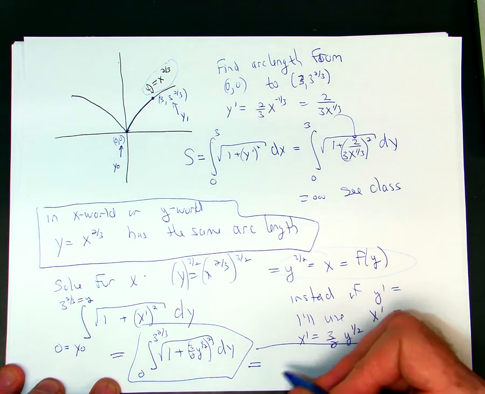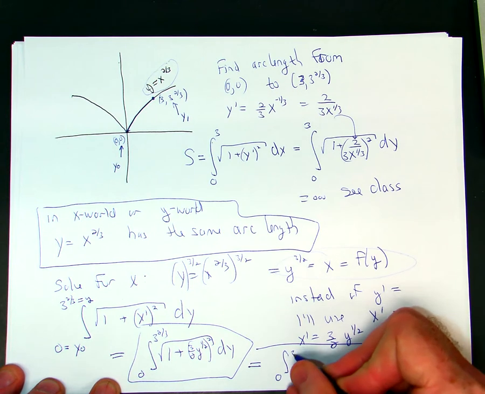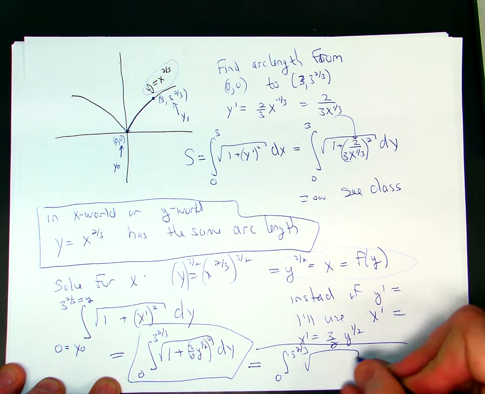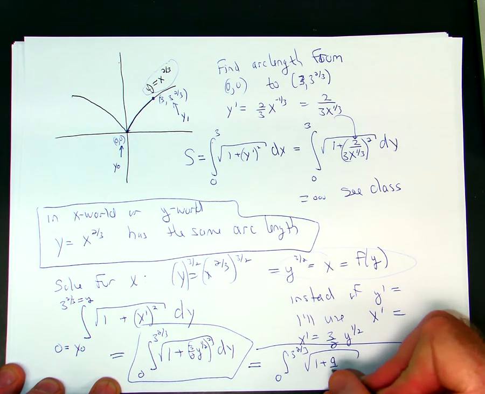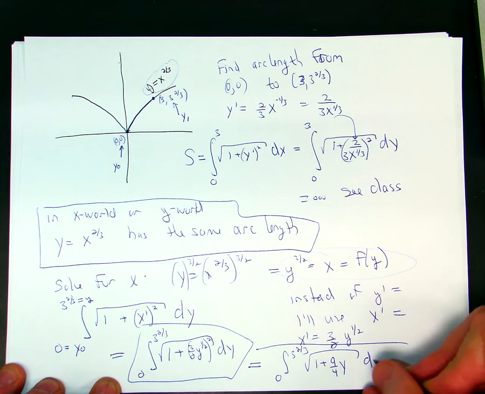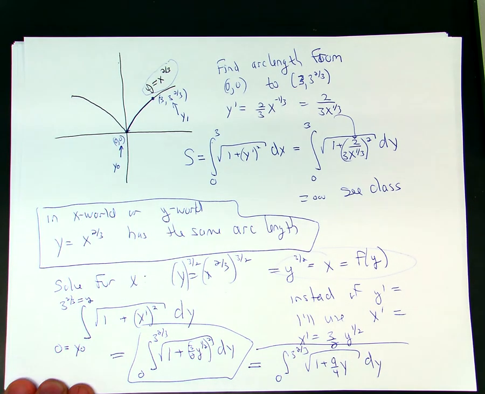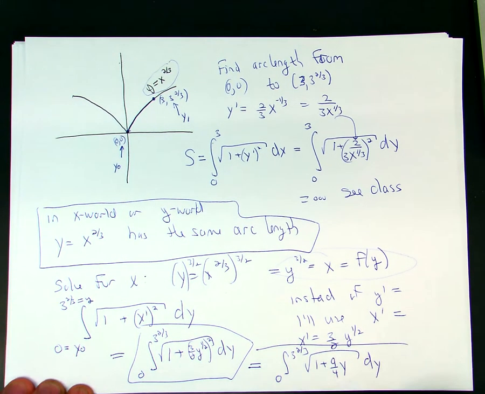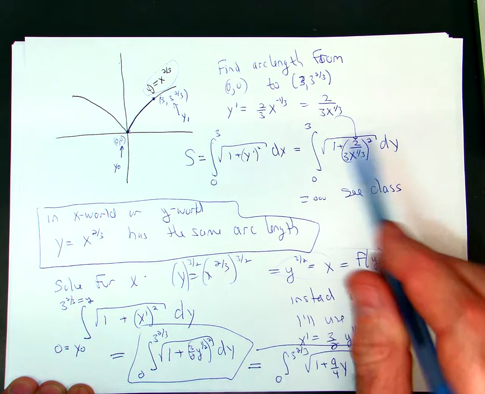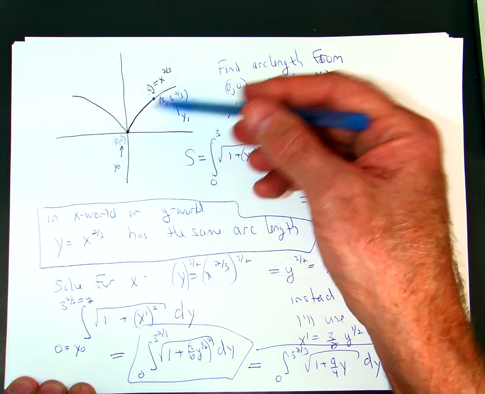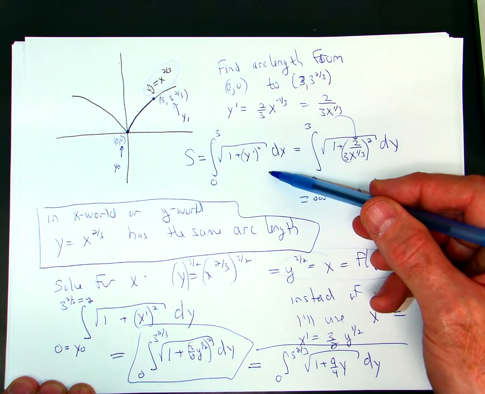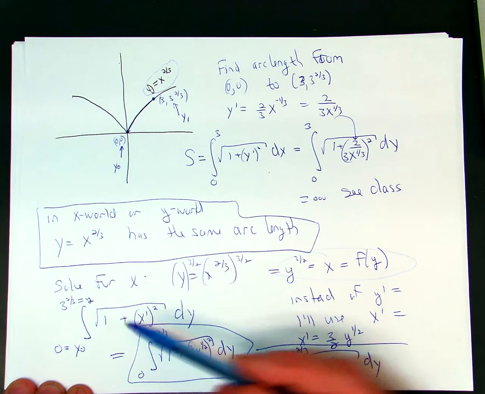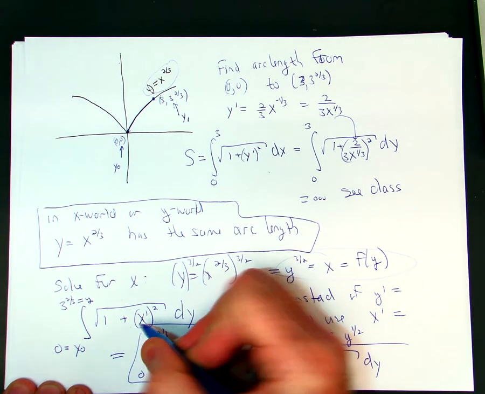And this should look familiar because we did this in class in the x world. So I'm going to continue this on the next page, but I just want to show you the basic idea. This arc length, we can do it as an x world arc length or a y world arc length, and we get the same exact answer.